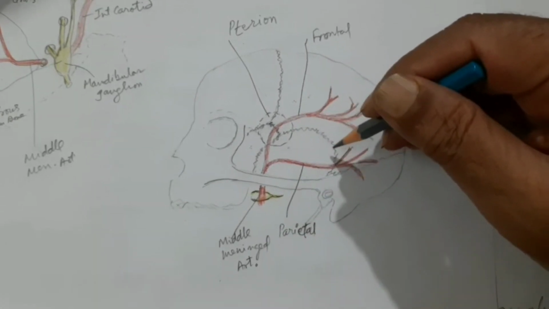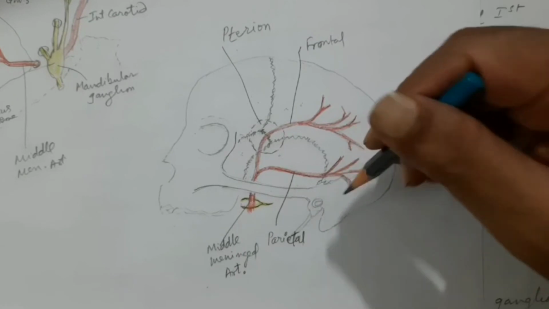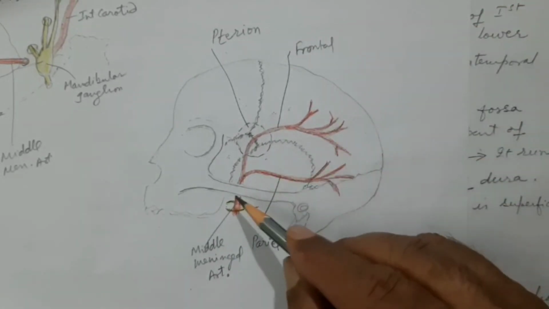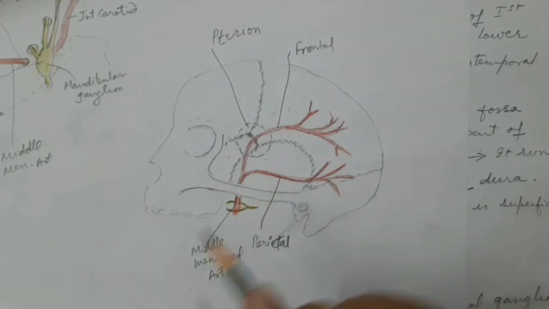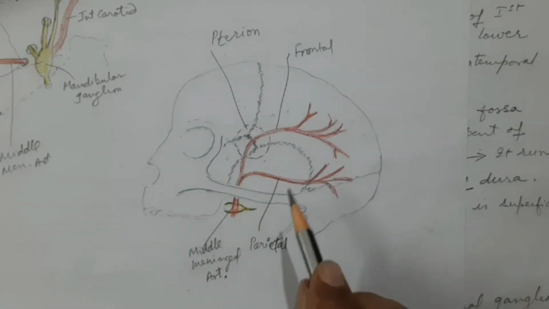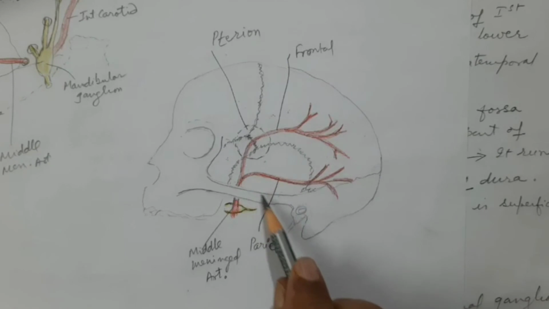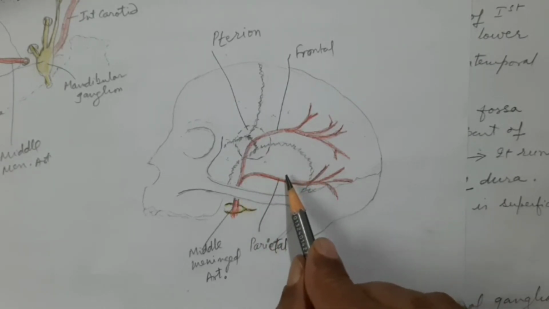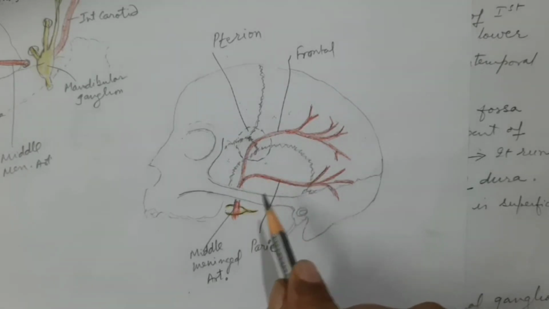Let us come to see the parietal branch. The parietal branch first runs upward, and then immediately goes backward onto the squamous part of the temporal bone.